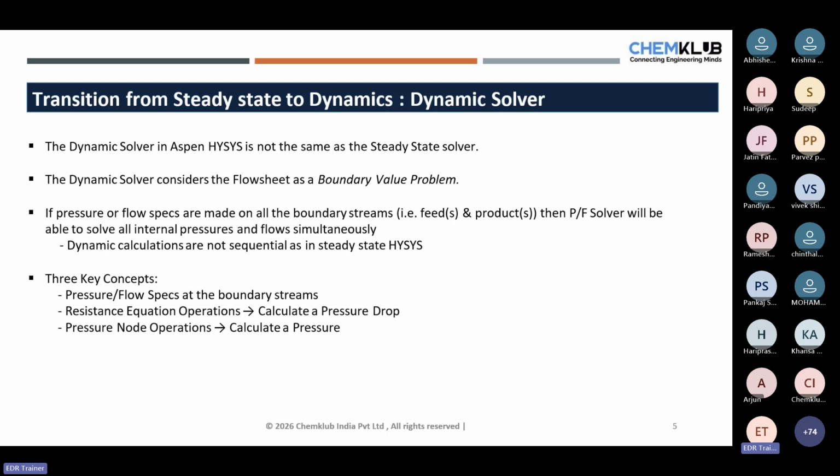There is no accumulation, because the accumulation term comes only when the volume is there. The steady state gives you what is expected from that equipment, and to get that performance, how the equipment should look: what the size is, what the heat transfer area is if it is a heat exchanger, etc.